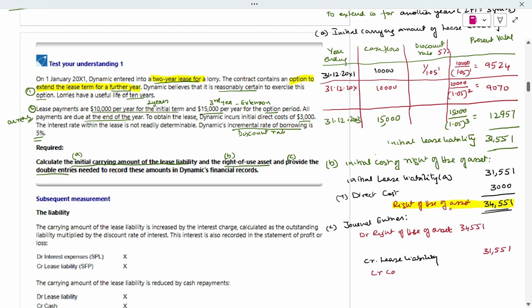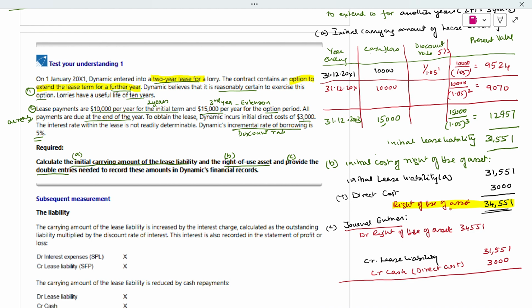Next, we have paid cash, okay? How much have we paid in cash? We have paid cash of 3,000. Are you clear about this? Yes. Okay, these are the general entries. It is the easiest chapter. We have to be very clear on this.